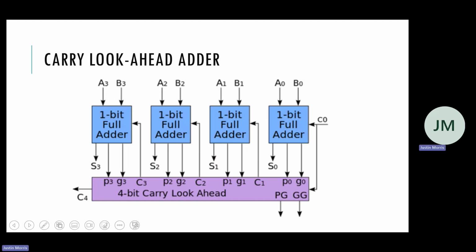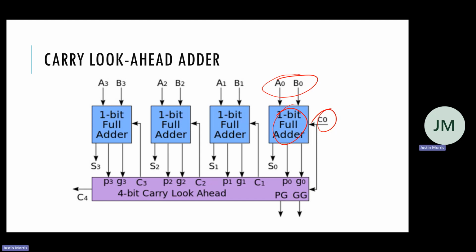So that's where this adder is going to come in. This is a carry look ahead adder. So rather than waiting for this full adder to calculate what is its carry out and putting that into the carry in of the second full adder, we have all the information that we need in order to just pre-calculate if there's a carry for us or not.